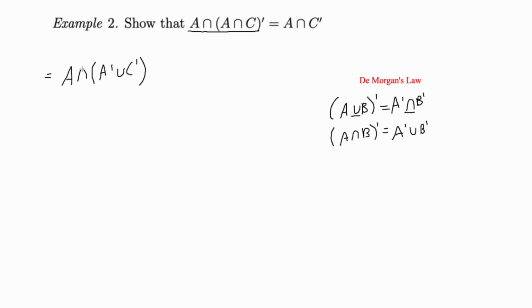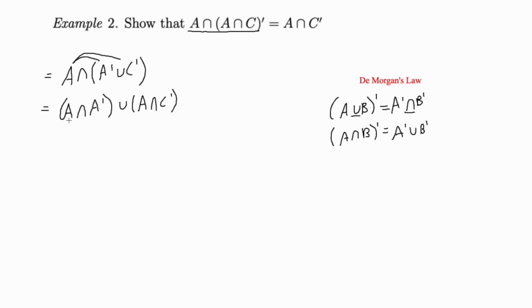Then after that, we gotta do distributive property, and then we get A intersection A complement union A intersection C complement.